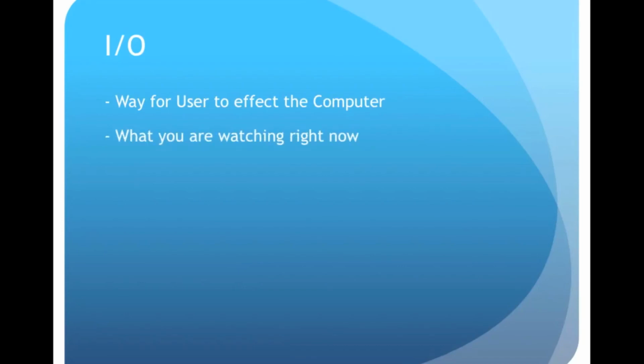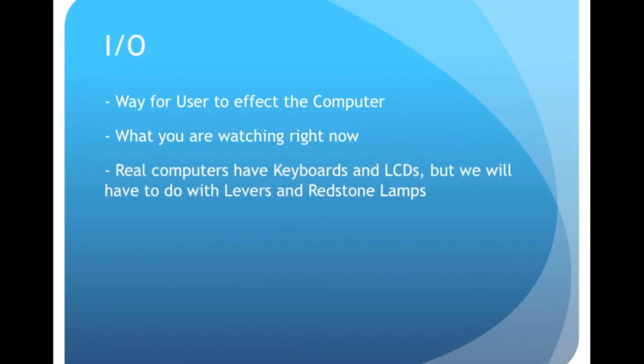Now, the input-output is how you actually use a computer, and it's generally the only part of the computer that you see. It's what you're watching this video on right now. Real computers have keyboards and liquid crystal displays, but we're going to make do with redstone levers and lamps.